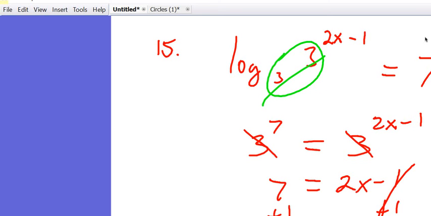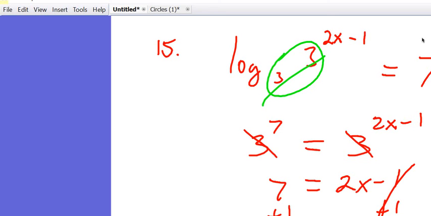But this raises an important issue for us, and we're going to see this more closely tomorrow in more detail. Whenever I have a base that's equivalent to the base of the number that I'm dealing with, in other words, log base 3 of 3 to an exponent, the final result will be whatever that exponent is. So here I've got log base 3 of 3 raised to the 2x minus 1.